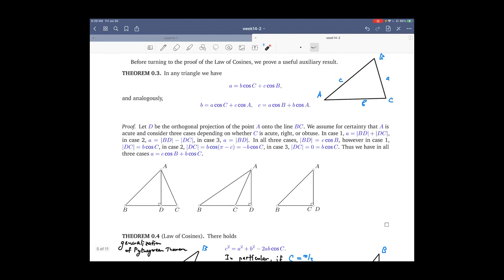Let's assume for certainty that angle A is acute and project vertex A on the line BC.